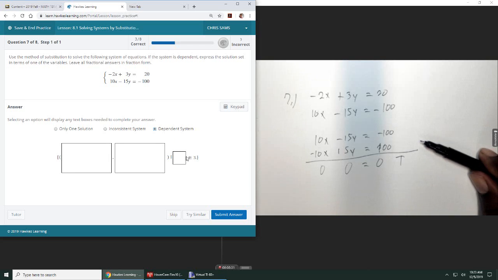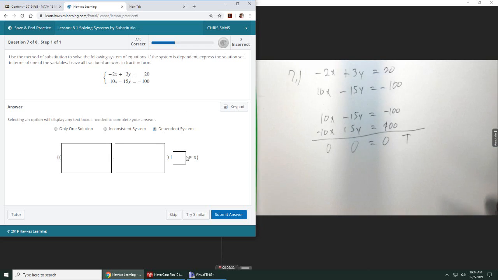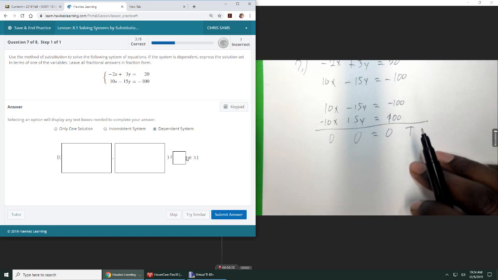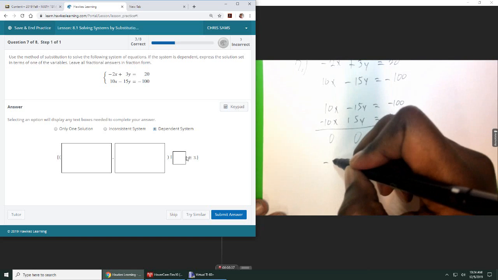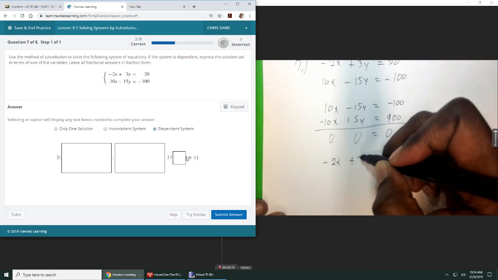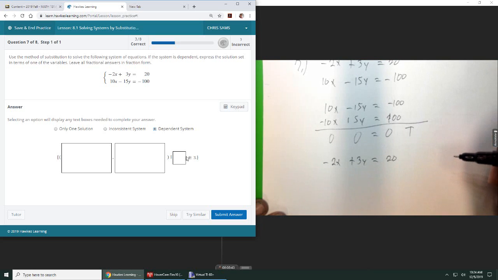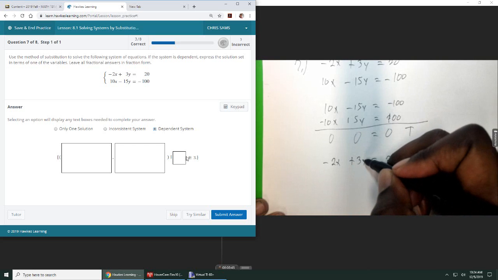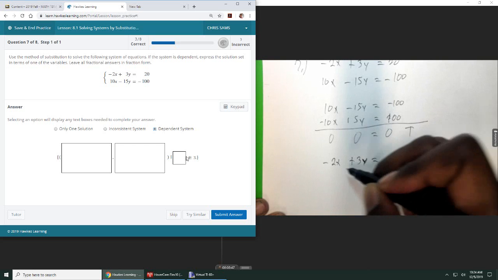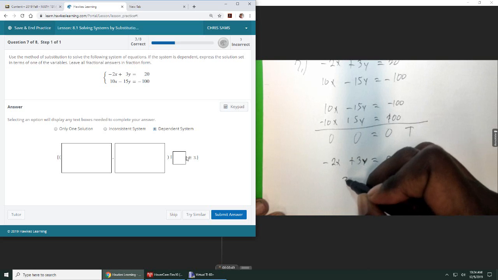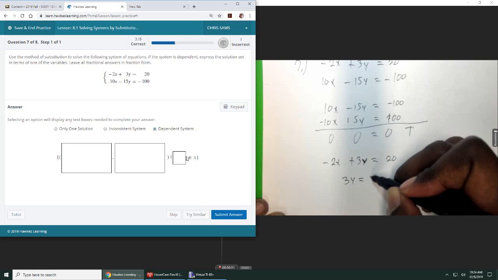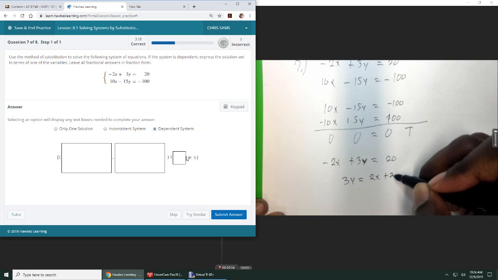We just solved for y. So I'm going to take one of these and I'm going to solve for y. This is the first one. Negative 2x plus 3y equals 20. And if I solve for y, add 2x, we get 3y equals 2x plus 20.